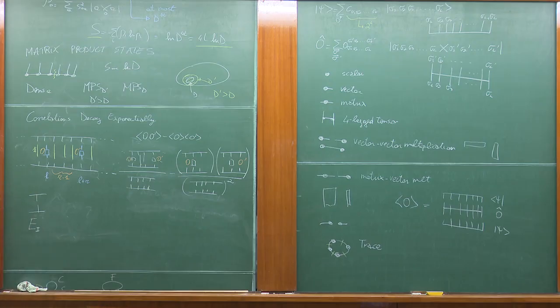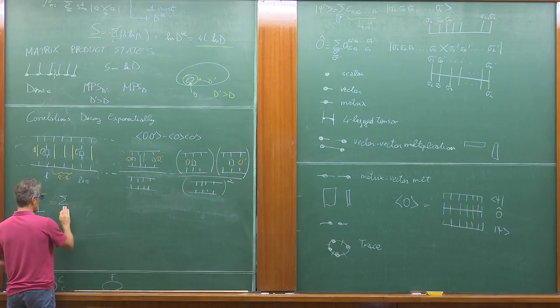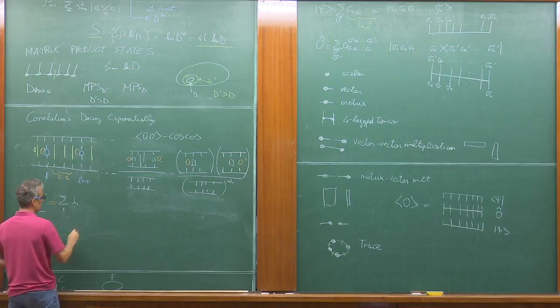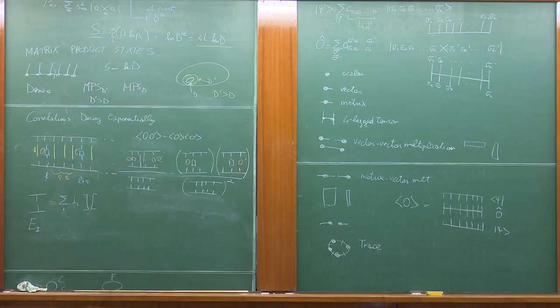This is a four-leg tensor, and I can split it as a sum over I of lambda I, and then something like this. Basically, I'm trying to find these left and right eigenvectors and the corresponding eigenvalues. This is in general not diagonalizable, but I can write left and right eigenvectors and write it in this form.